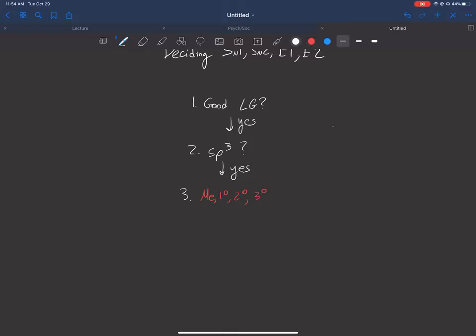Number 3. So you have a methyl, primary, secondary, or tertiary substrate. Similar to talking about carbocations, where this would be secondary, having something like this would be primary, tertiary, and then the methyl, same idea here. Just replace the carbocation with the leaving group.